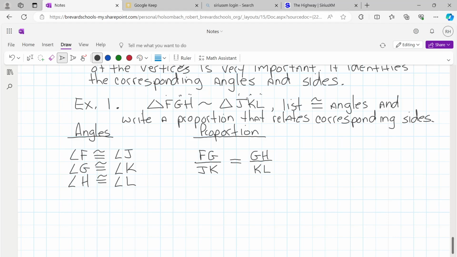Second and third letter over second and third letter. And that is going to be equal to the two that we haven't used yet, first and last. All right, so FH over first and last, which is JL.